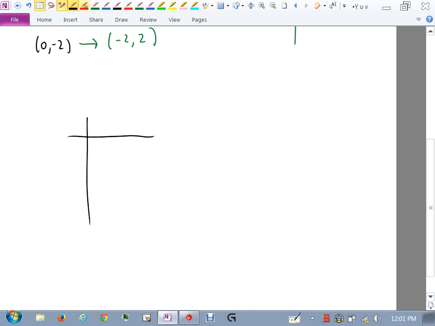It was like this. Right, 1, 0, 2, 0, 0, negative 1, 0, negative 2. That's my xy plane.